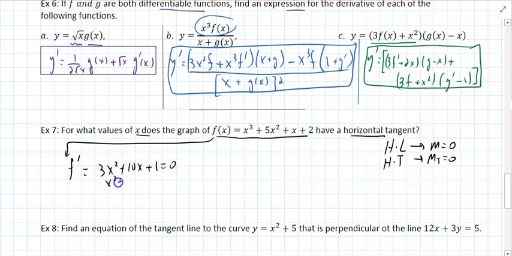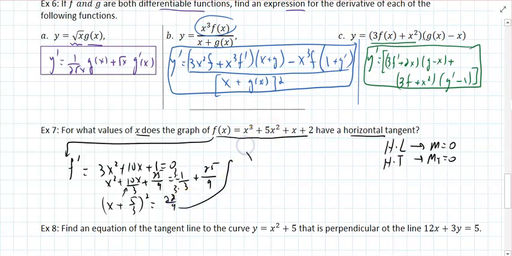That's 1x squared plus 10x over 3. I'm going to complete the square instead of using the quadratic formula. Take half of that, which is 5/3, square it, 25 over 9. That would be x plus 5/3 squared equaling, and if I get a common denominator, negative 3 plus 25 is 22 over 9.